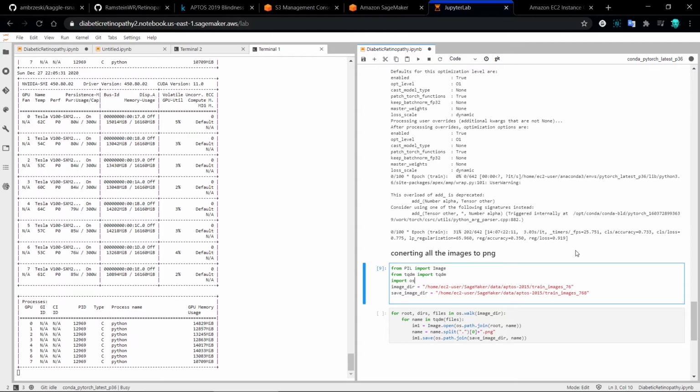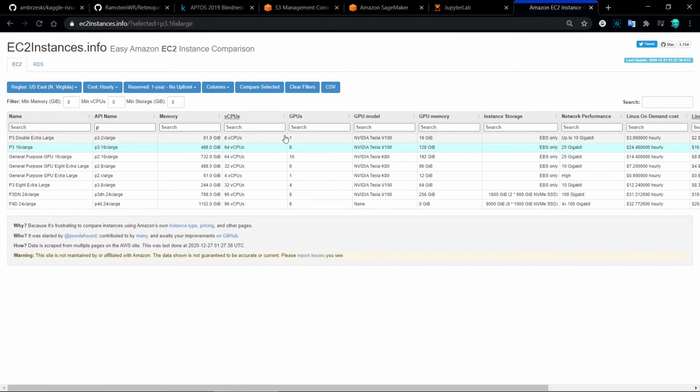That gave me around the same frames per second, and I'm not sure why it gives me the same frame rate with such a high level of instance, with such a high level of compute capacity. 64 virtual CPUs and 488 gigs of RAM are available here.